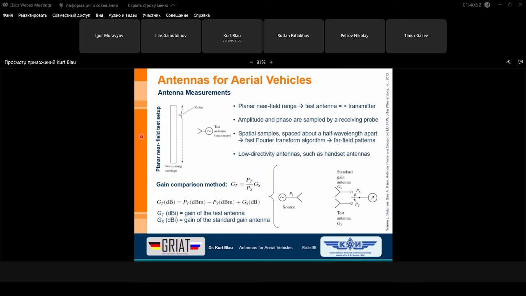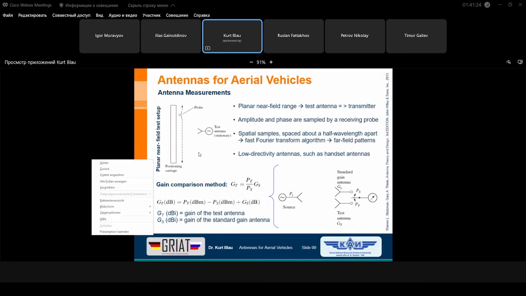And so we can measure the gain of our unknown antenna with this formula here. And then you can see in the formula that the gain of the test antenna we can determine very simply by this.